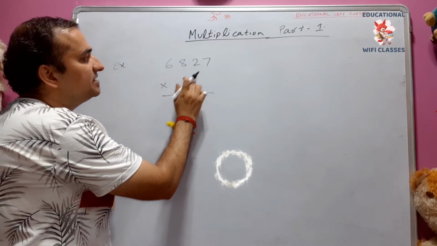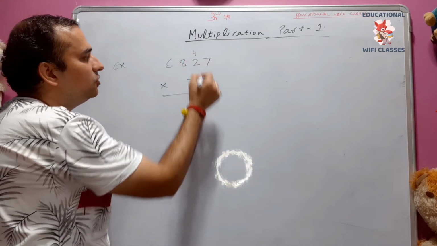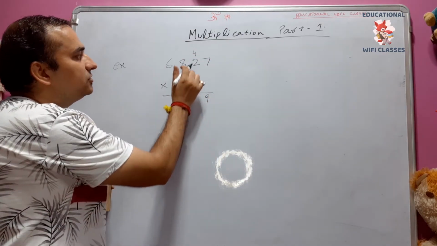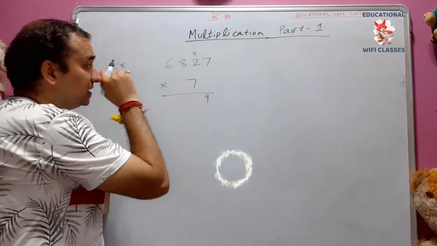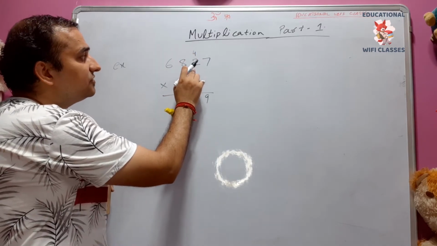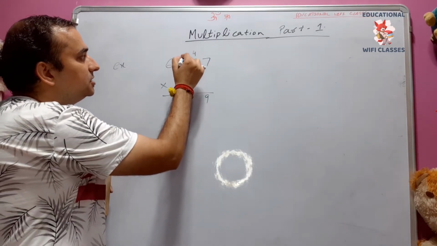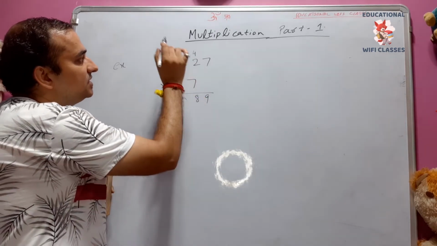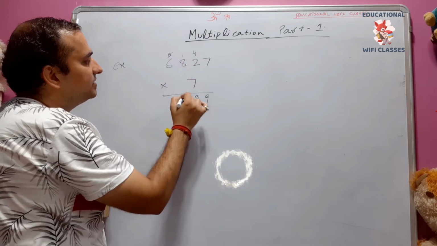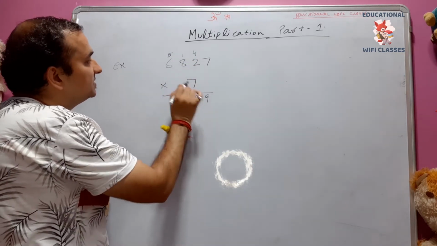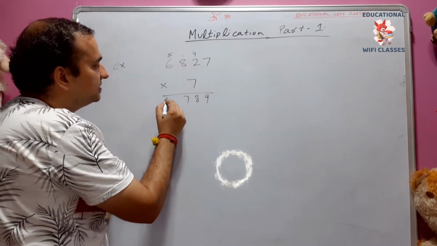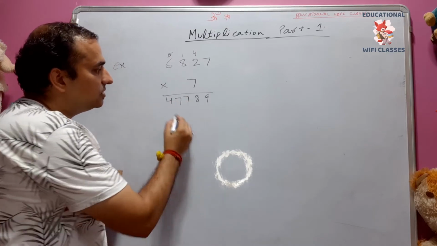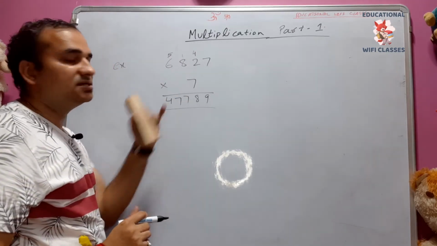So it will go like this: 7 sevens are 49, so 4 carried over, 9 comes down. 7 twos are 14, 14 plus 4 is 18, so 1 carried and 8 comes down. 7 eights are 56 plus 1 is 57, 5 carried, 7 down. 7 sixes are 42 plus 5, 47. Okay, so we got the answer here by multiplying with a single digit.